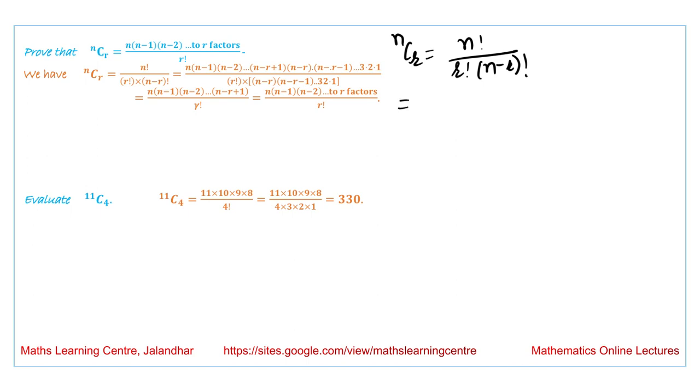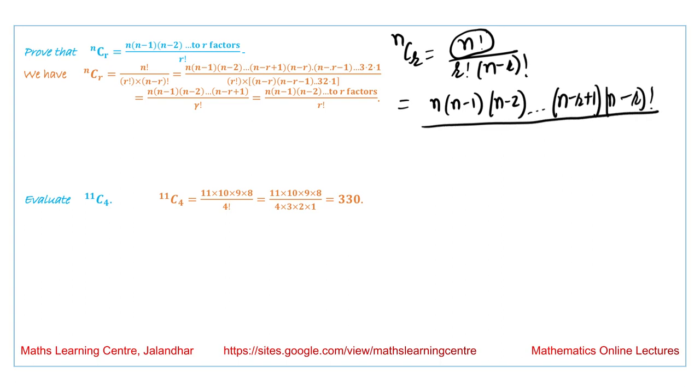This N factorial we can write as N into N minus 1 into N minus 2, and so on up to N minus R plus 1, into N minus R factorial, divided by R factorial into N minus R factorial. These two terms get cancelled and we are left with this formula.